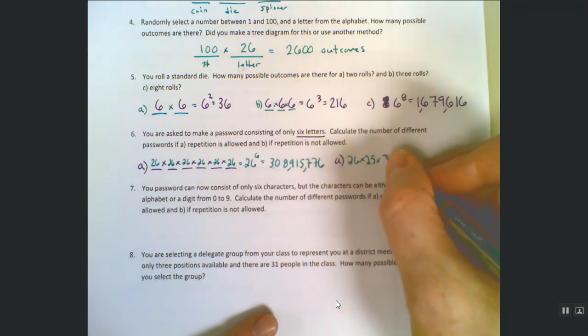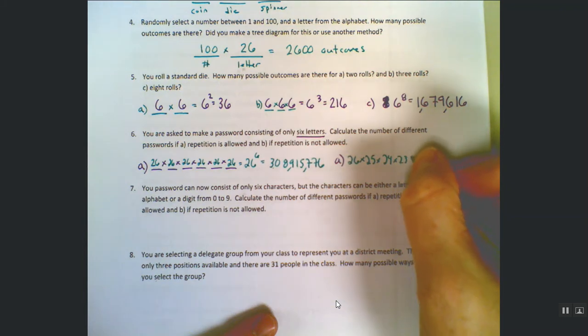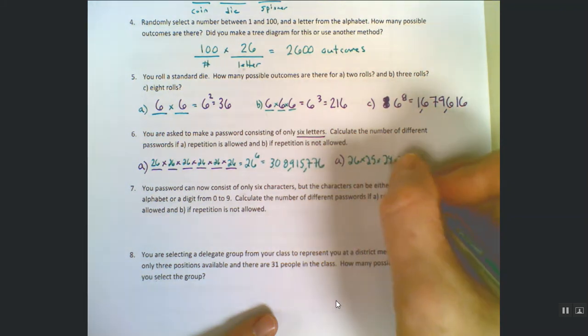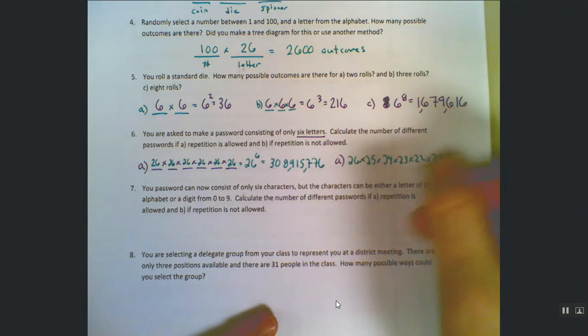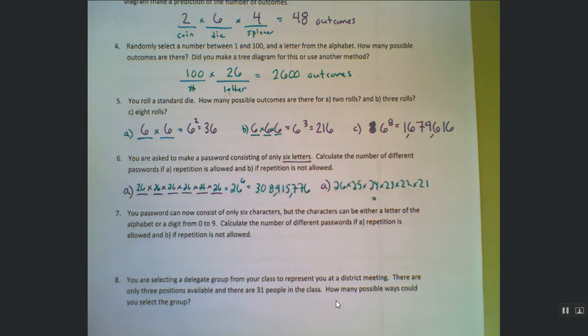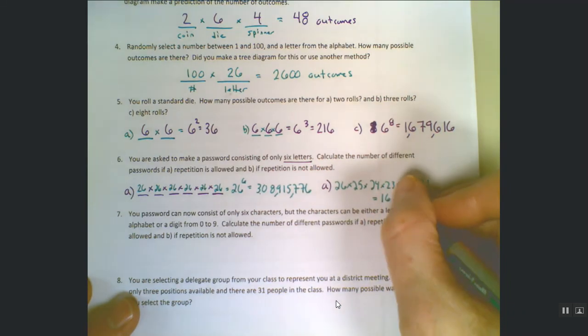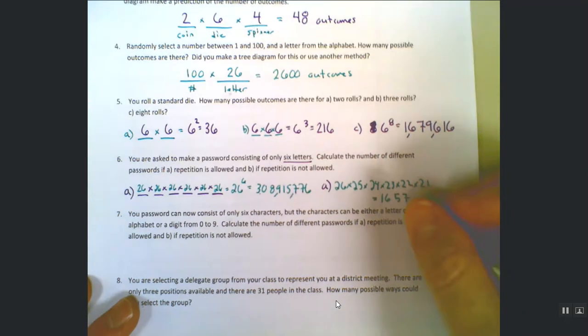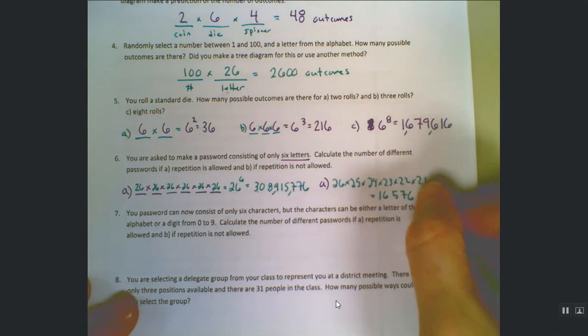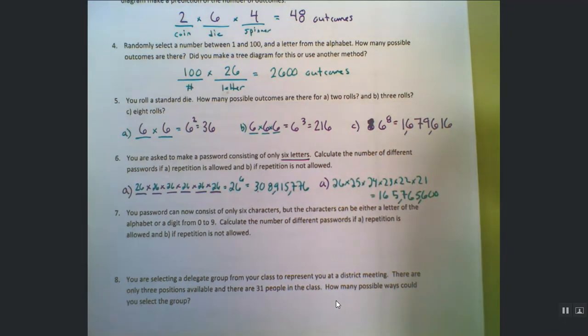So that's 26 times 25 times 24 times 23 times 22 times 21, which is 165,765,600, like so.